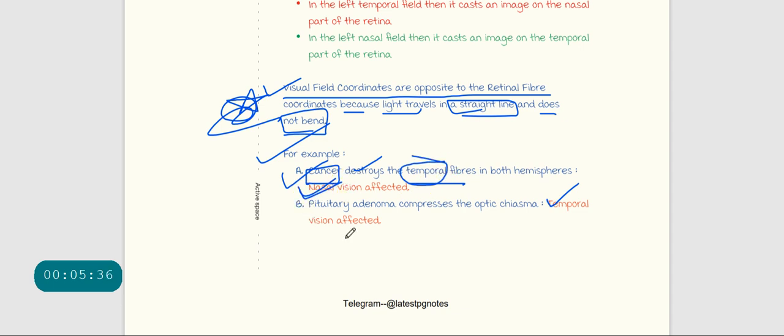The next example is pituitary adenoma. If there is compression of the optic chiasma due to a pituitary adenoma, then the vision affected would be the temporal vision. Very simple.